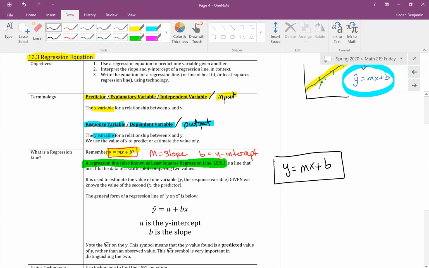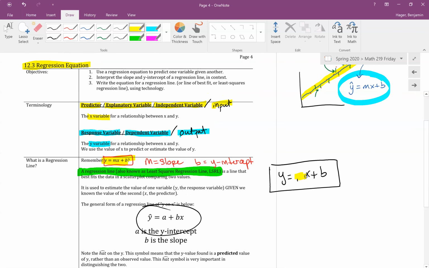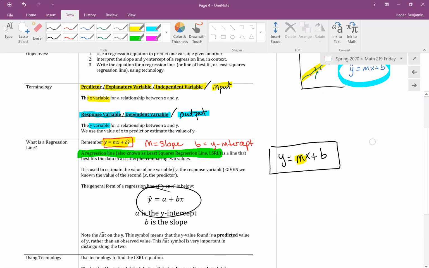Some books, some programs use this. Now it could be confusing because look, they're using b, but your slope is the thing that is multiplying your x value. So here the b is the slope, okay? And the value that is all by itself is your y-intercept.